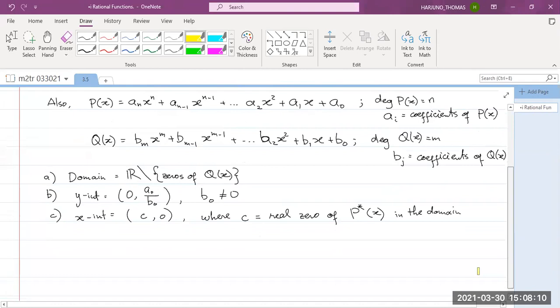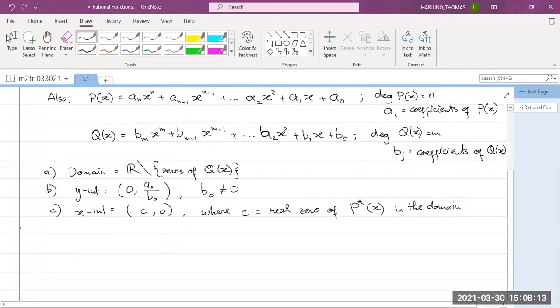And then we have vertical asymptote, part D, vertical asymptote. Yeah, I'm summarizing the lecture, basically.